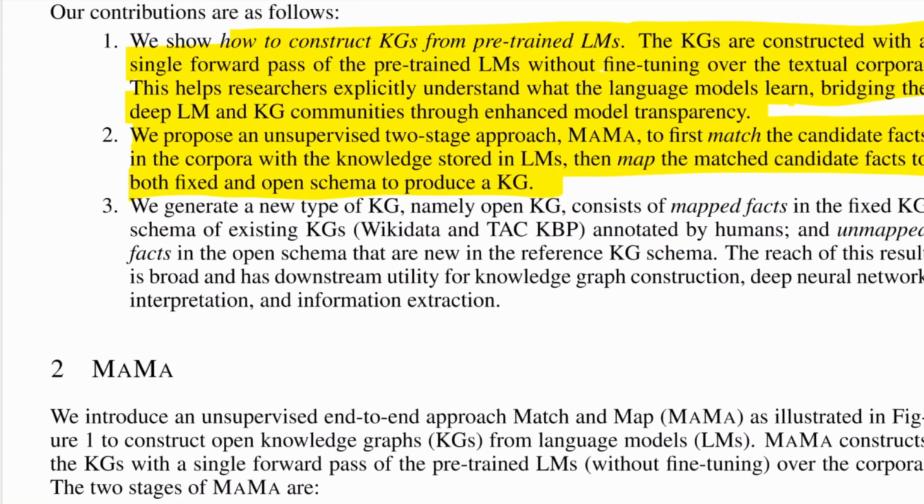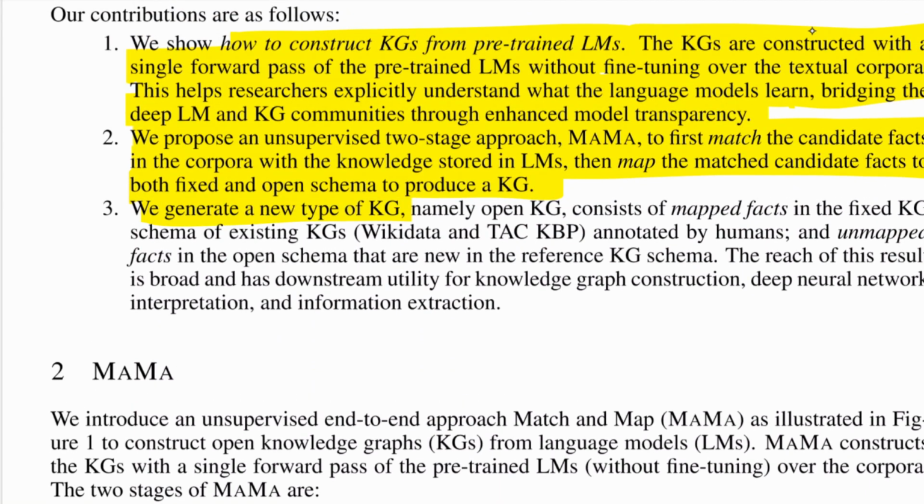And then they say they produce a new type of knowledge graph, which simply is that sometimes the facts they extract, they can't really map to a schema entry. And we're going to look at that because I think a bit critically of this. They say, namely, the open knowledge graph consists of mapped facts in the fixed schema of existing knowledge graphs annotated by humans, and the unmapped facts in the open schema that are new in the reference knowledge graph schema.